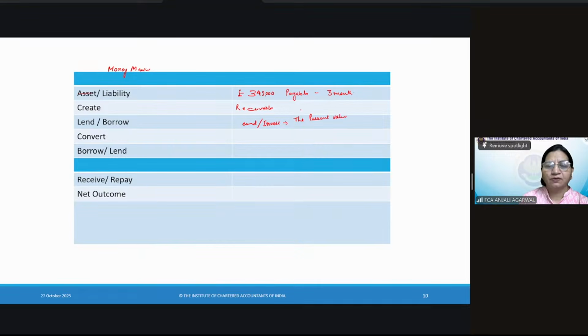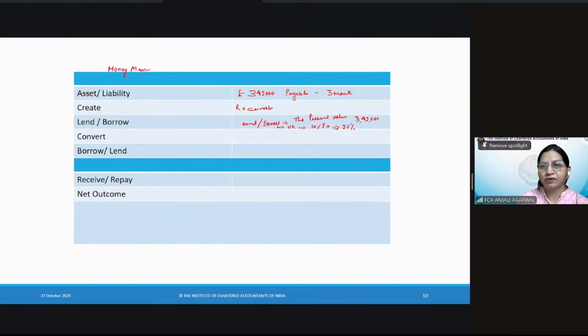So you will invest the present value of 342,000. Where will you invest? You will have to invest in UK. The applicable rate in UK for investment is 10% per annum. Now, 3 months means equivalent to 2.5% per quarter.